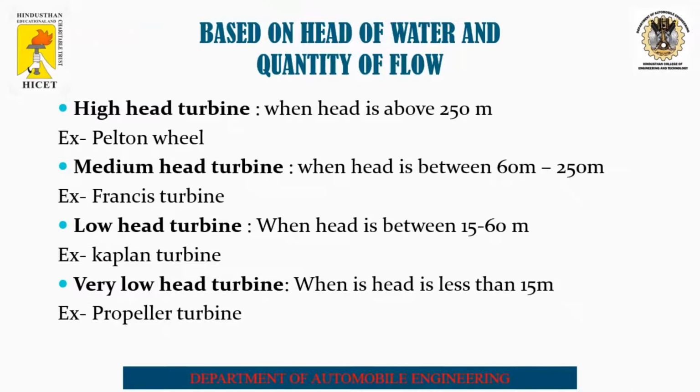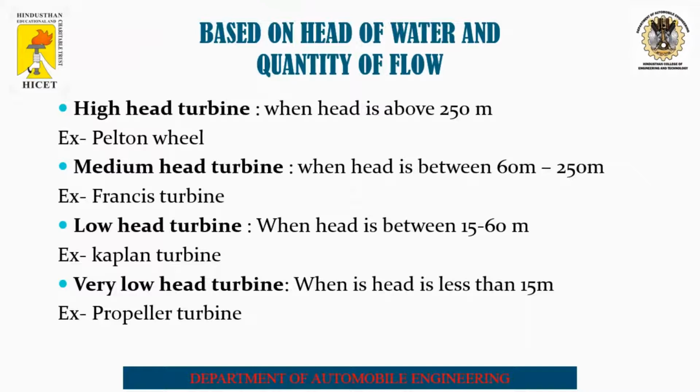Now the classification based on head of water and quantity of flow. Based on height availability, the very high head turbine is the Pelton wheel turbine, which is operated with a very high head of about 250 meters or more. The next is the medium head turbine, ranging between 60 meters and 250 meters, and the turbine used for this category is the Francis turbine.